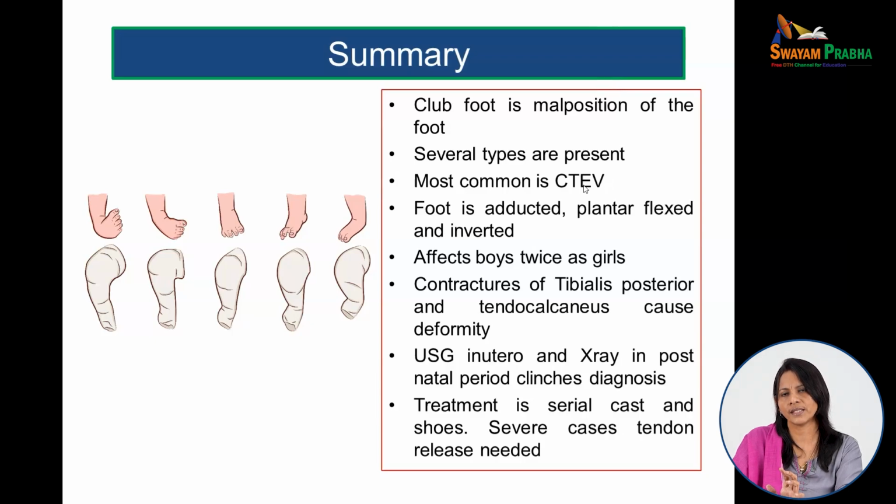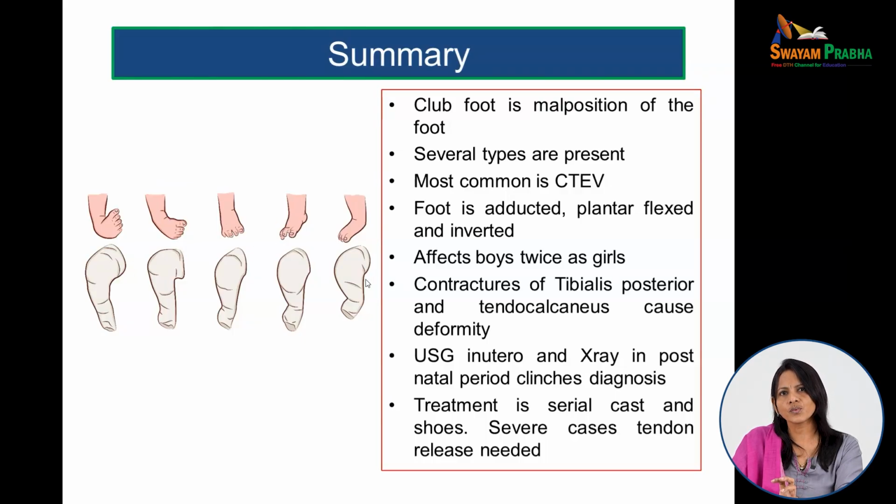That is why it is given the name equinovarus. The forefoot is adducted. The midfoot is inverted and cavus is more prominent, and the hindfoot is plantar flexed in an equinus position. So this is a typical position of the foot that you see here.